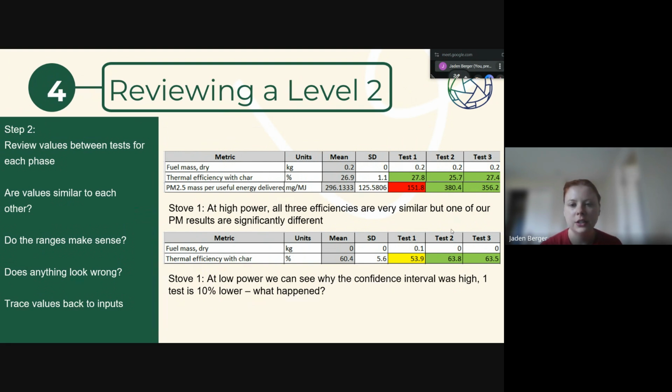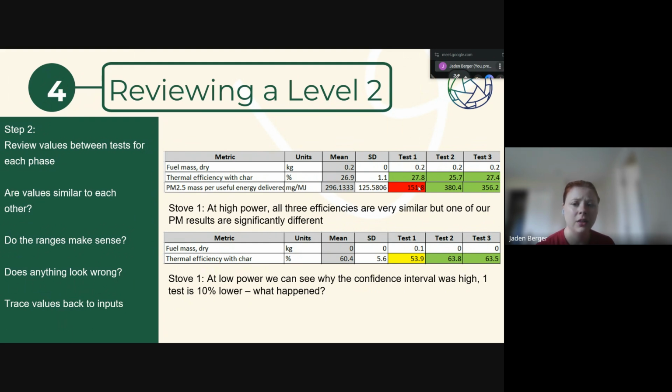But then I scrolled further down and I saw that my PM, my emissions per megajoule delivered for PM, 2 of my tests are in the upper 300 range. And then one of my tests is in the 100 range.